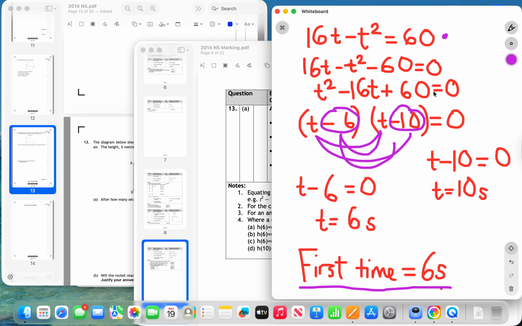Your second mark would then be for this. The third mark would then be for factorising. So the first mark is for substituting in h is 60. The second is for moving everything to one side and getting that positive coefficient. The third term is factorising, and the fourth mark is the final answer.